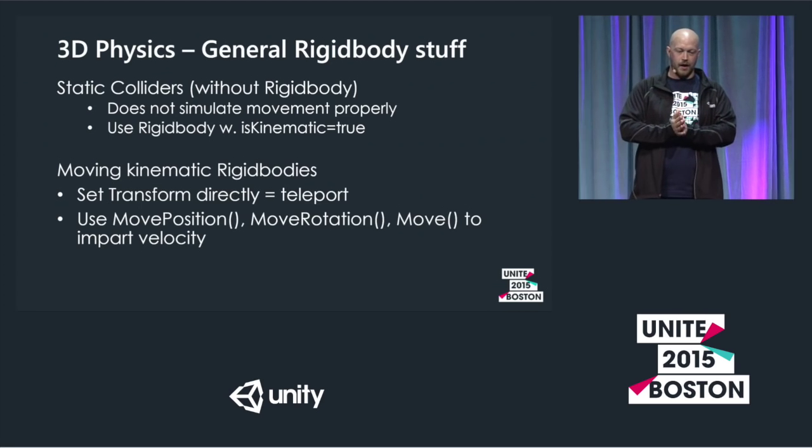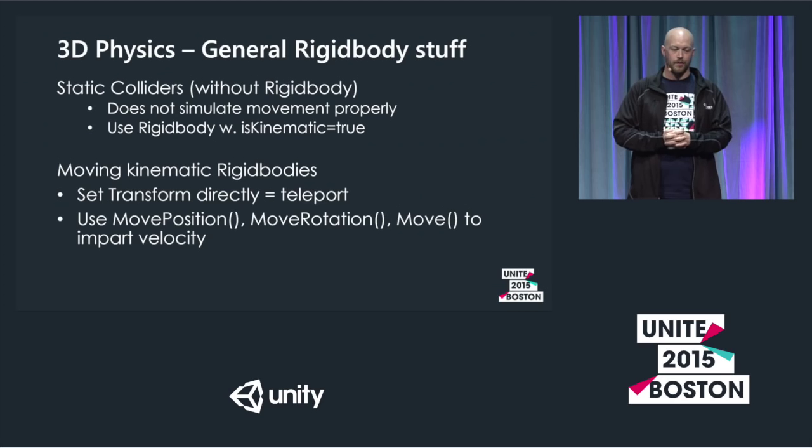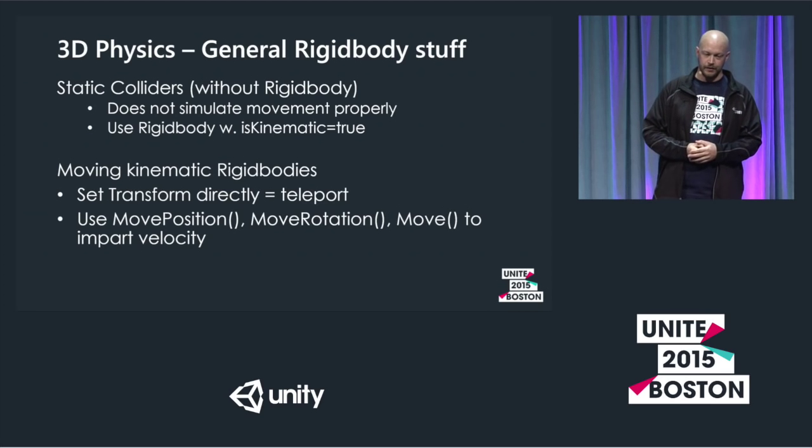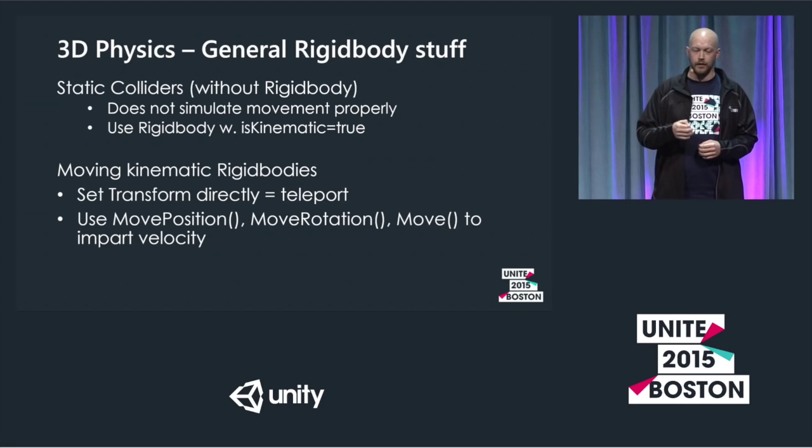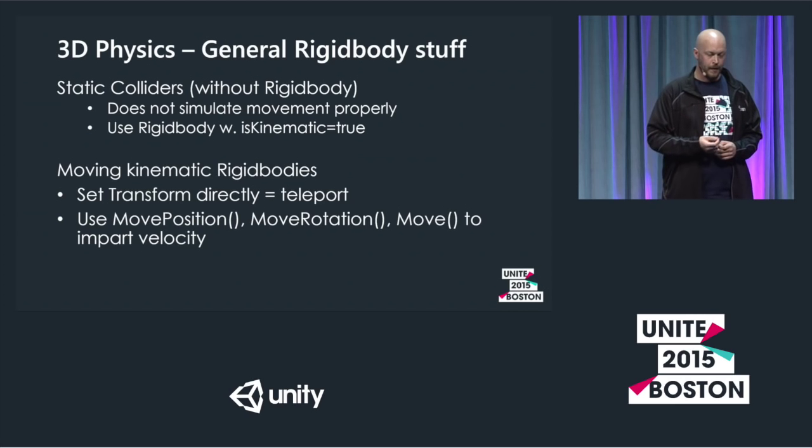So, a lot of people, when they add a collider to the scene, might not know that this is what we call a static collider. This means that the collider does not give velocity to the world, and other objects cannot see this collider as ever moving.